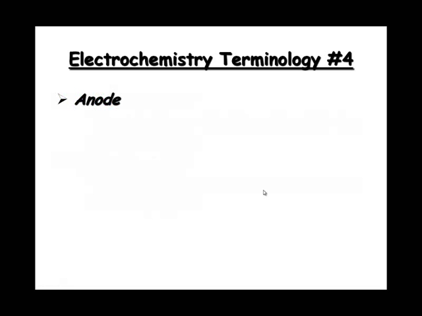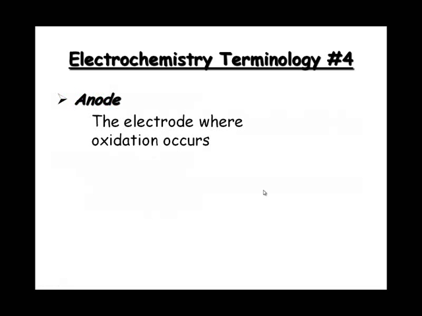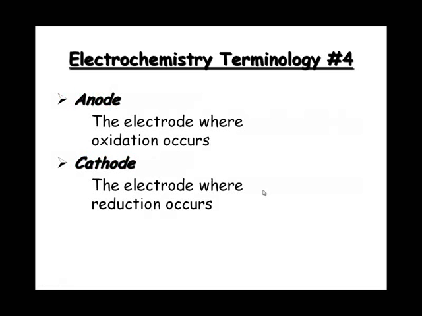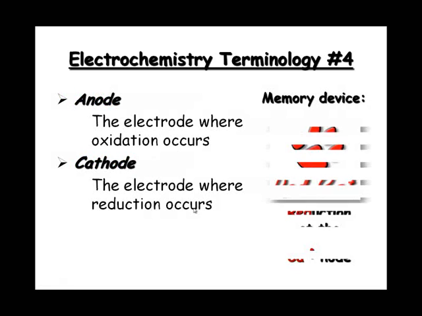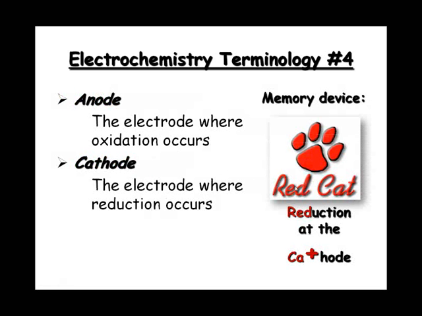Okay, we also have the anode and the cathode, and those are the plates that are hanging out of those beakers. The electrode where the oxidation actually occurs is the anode, and the cathode is where the reduction occurs. Now, the great memory device for remembering this is red cat. Remember the red cat? Reduction occurs at the cathode.